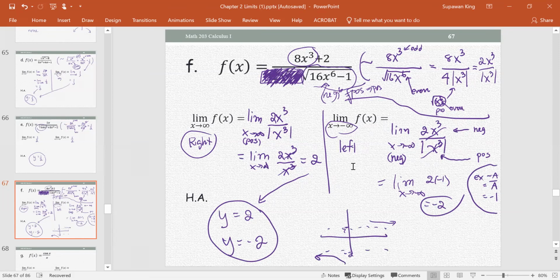Someone has a question: why is it absolute value? Because you started with the negative inside. You raise to the power 6 and the negative becomes positive. The sign has already switched, which is the absolute value of the original one.